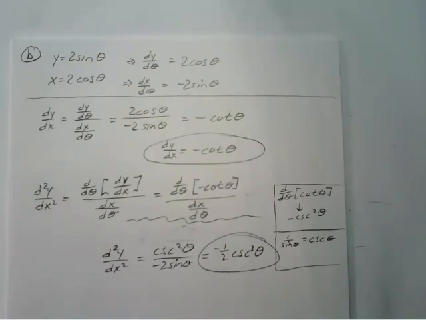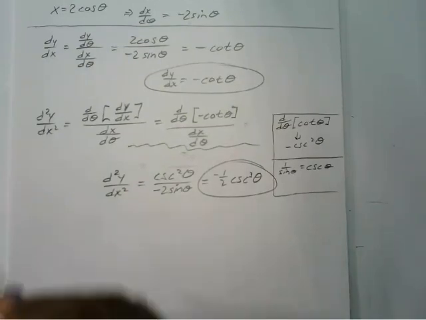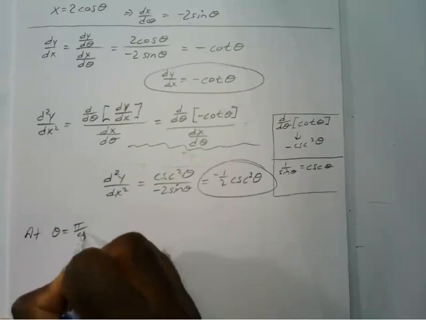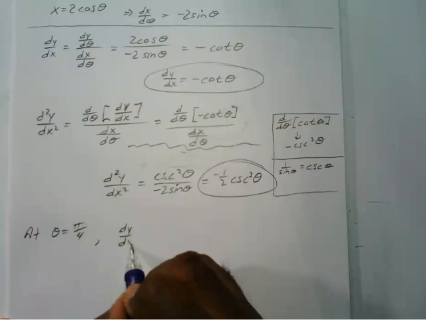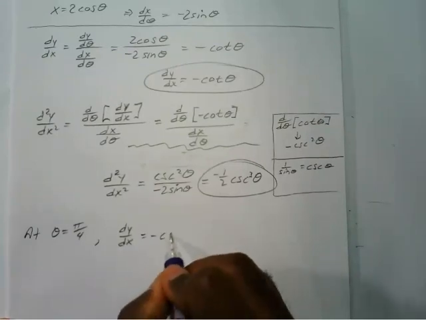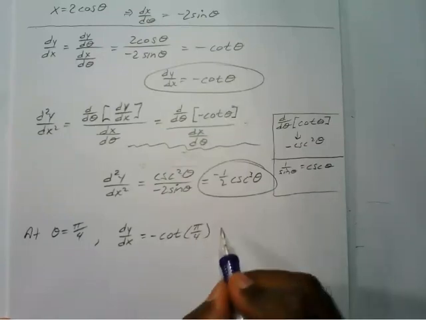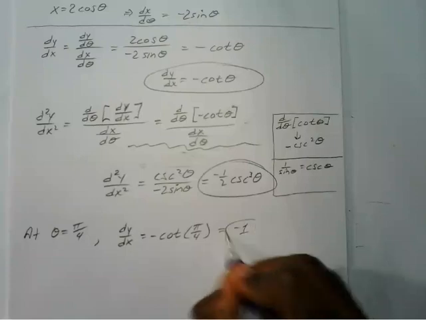Okay, so this is your second derivative. We have a little bit further to go because now we're going to plug in our given value. So theta equals pi over 4: dy/dx equals negative cotangent of pi over 4. Cotangent of pi over 4 is 1, so this is just negative 1.